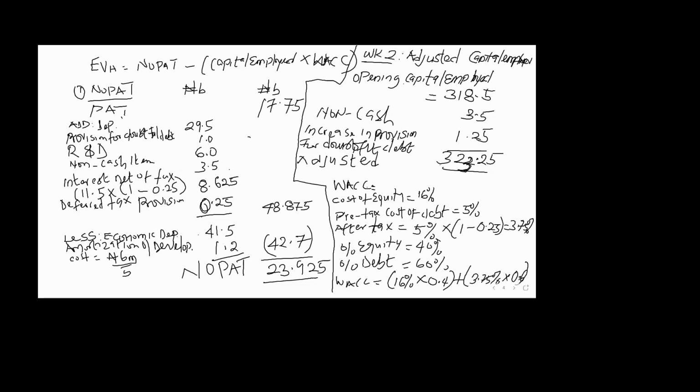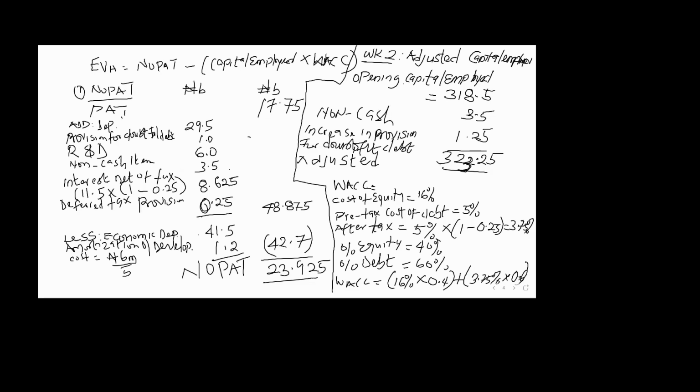Now, what you are going to take is the increase or decrease. In the income statement, we have 1 million. In the statement of financial position, we have 2.25. That means there's an increase.